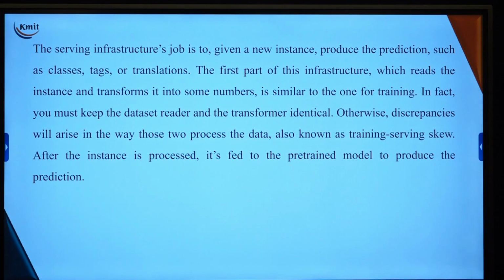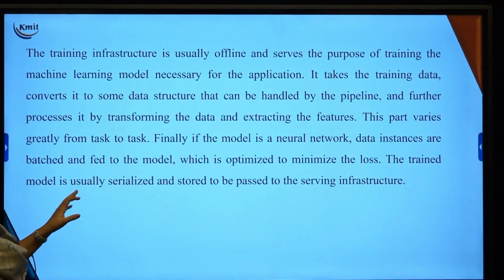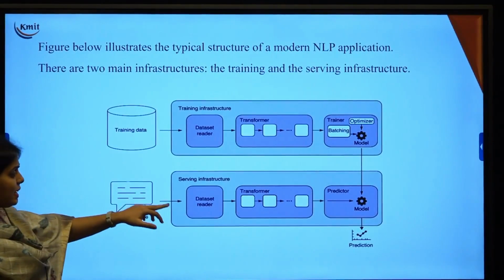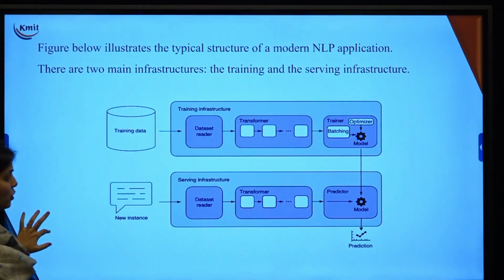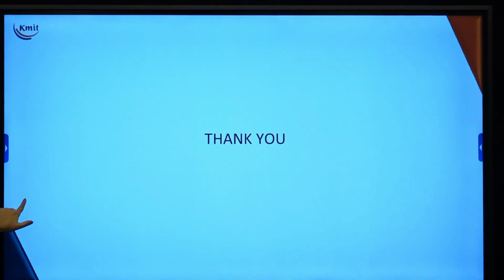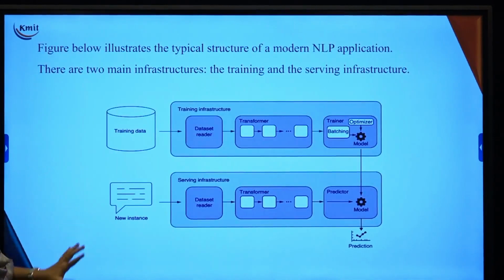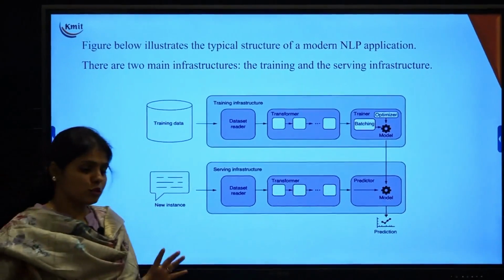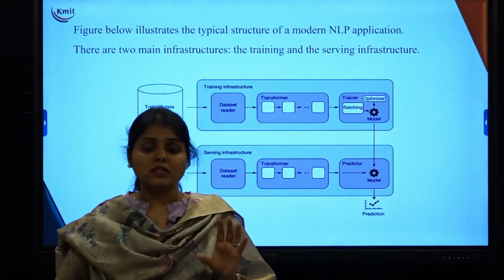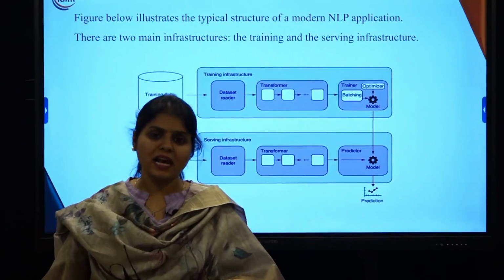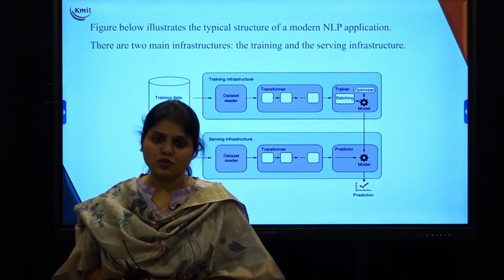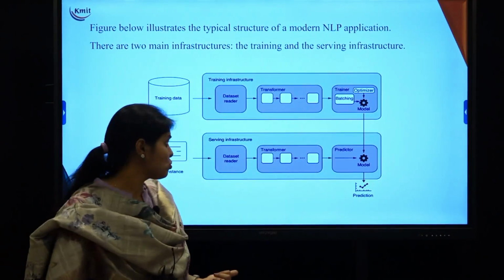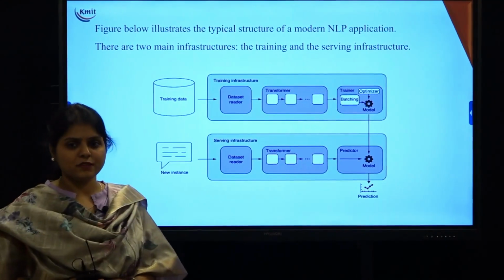One such discrepancy is called training serving skew, which you get during the prediction part. So this is all about the serving infrastructure and training infrastructure, the two parts of the structure of NLP applications. So we covered the development of NLP applications and the structure of NLP applications, which are based on training and serving. Thank you.